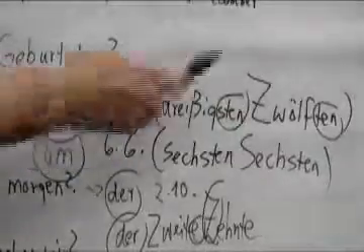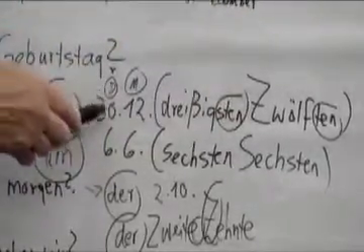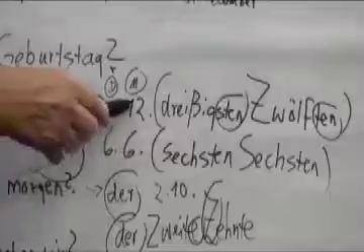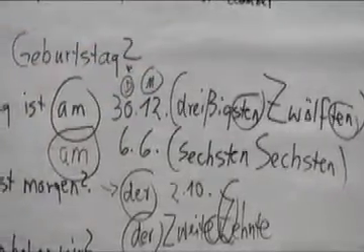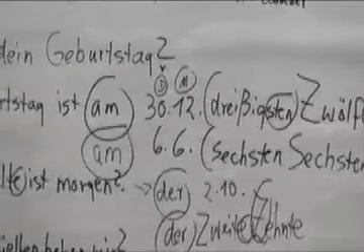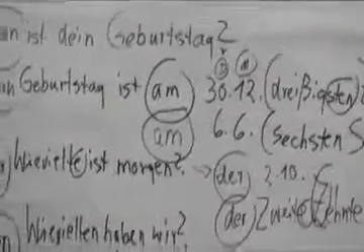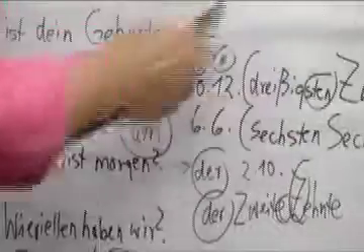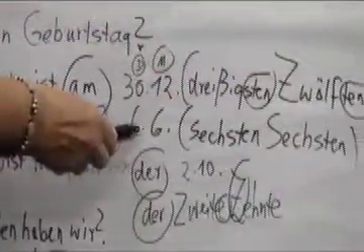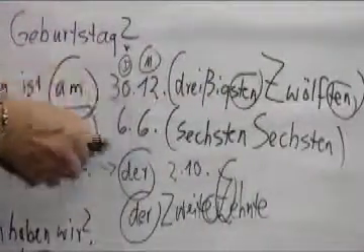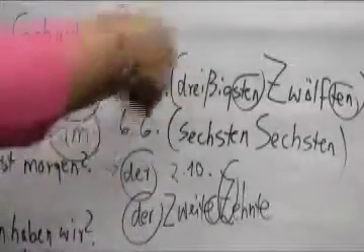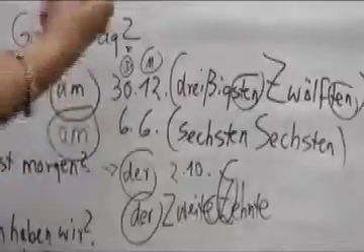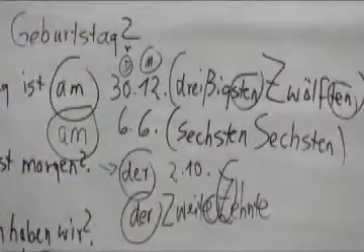So am 30.12. 30 is the day, 30th, 12 is the month, which is December, so my birthday is on the 30th of December. Or we can say am 6.6. Alright, 6 is the day, the 6th, and the 6th month of the year is June. So it is on the 6th of June.